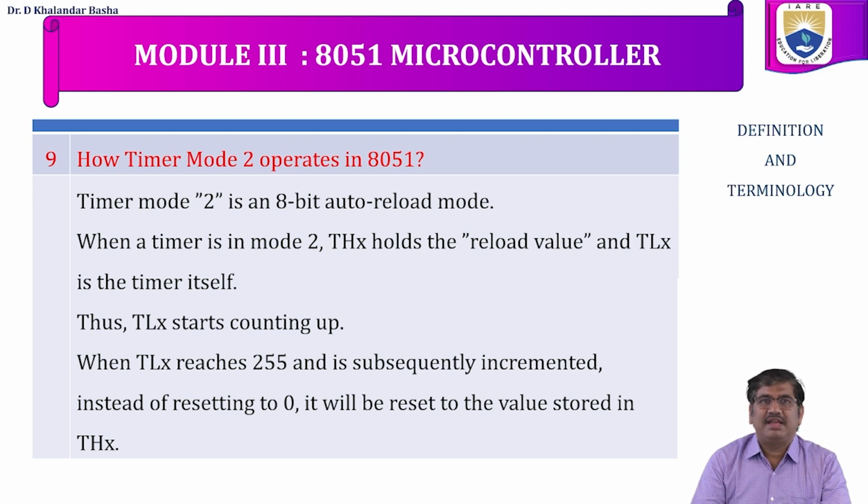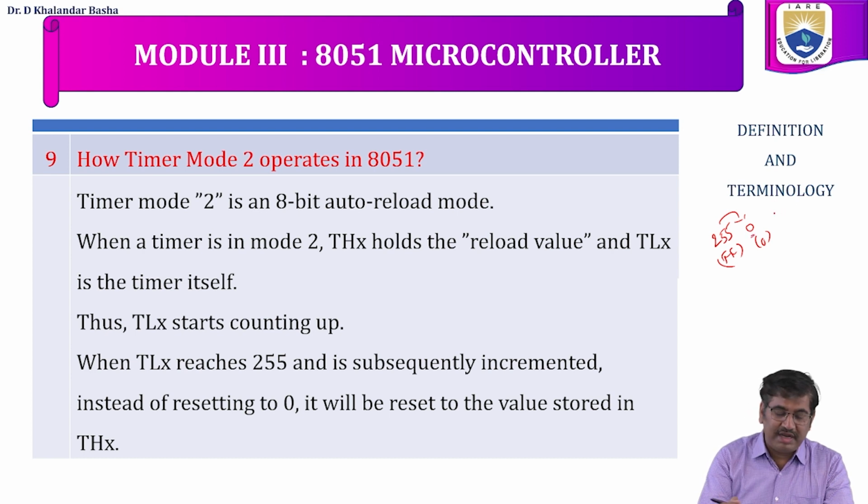Thus TLX acts as a counting up register. When TLX reaches 255, on the next increment it will overflow from 255 to 0. In hexadecimal, that is FF to 00. Whenever FF to 00 occurs, the value existing in THX is loaded into TLX. So instead of resetting to 0, it will be reset to the value which is stored in THX.